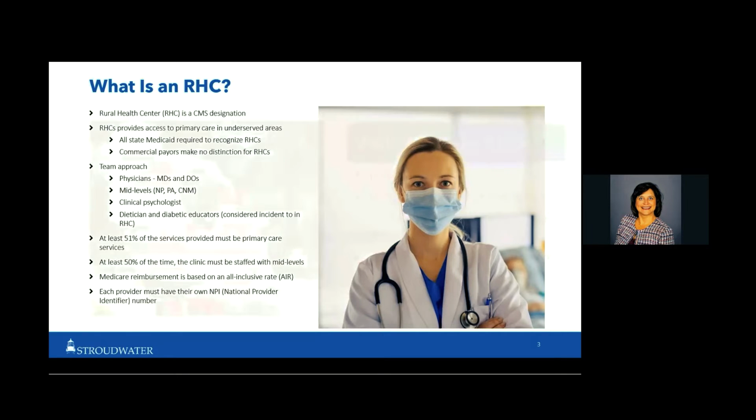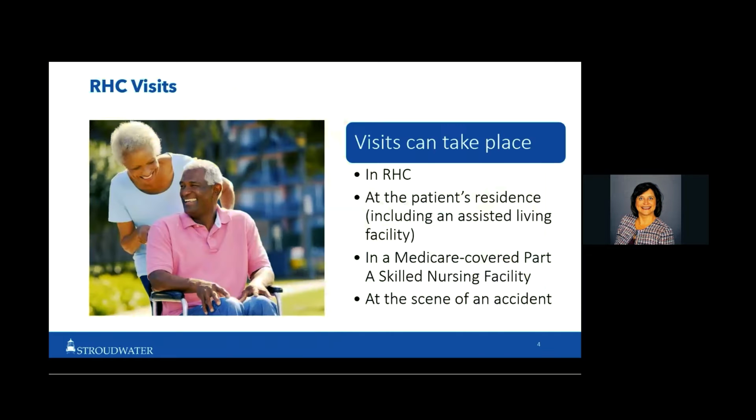So this is one of those things that I think is really fascinating about an RHC, is that an RHC visit can take place in the RHC itself, at the patient's residence, which would include assisted living facilities. It can occur in a Medicare covered Part A skilled nursing facility and at the scene of an accident.